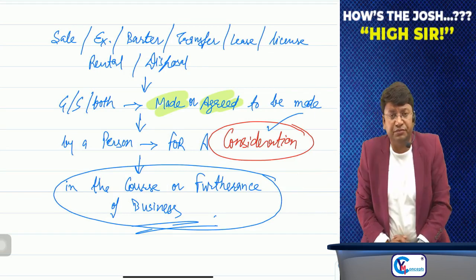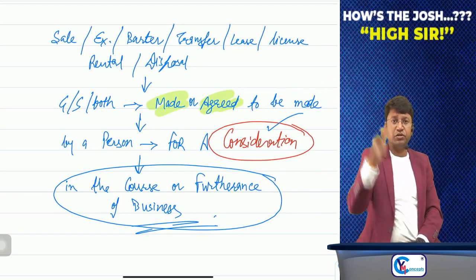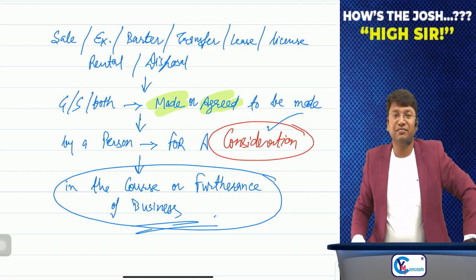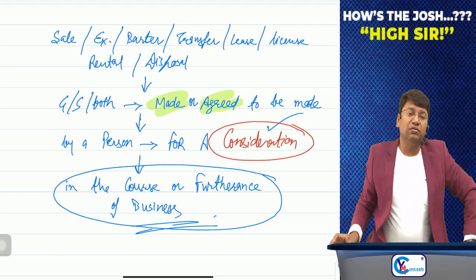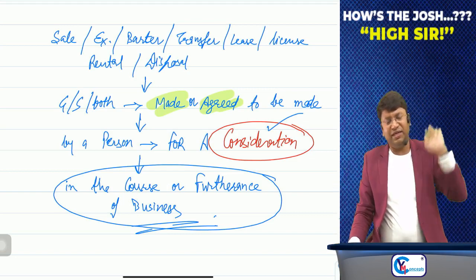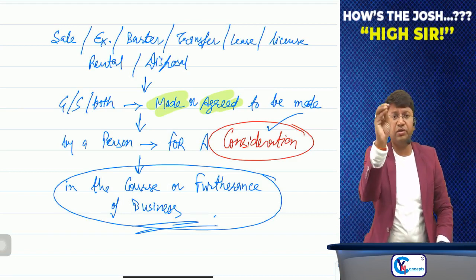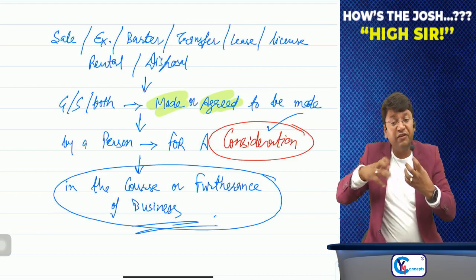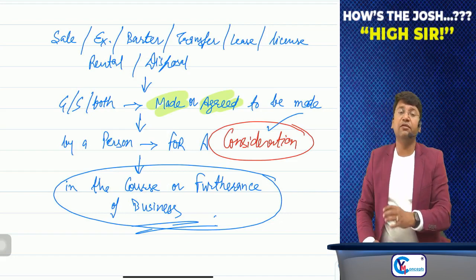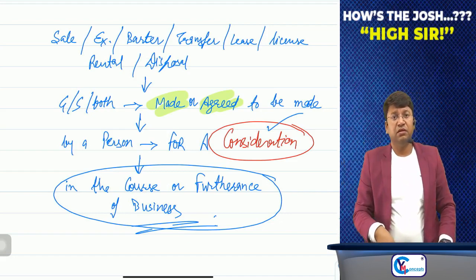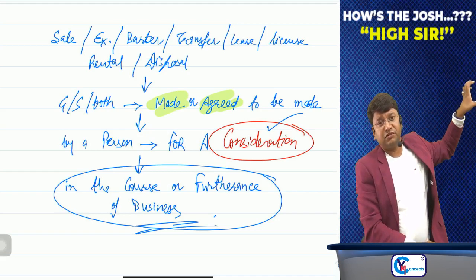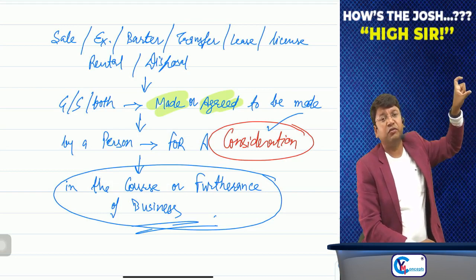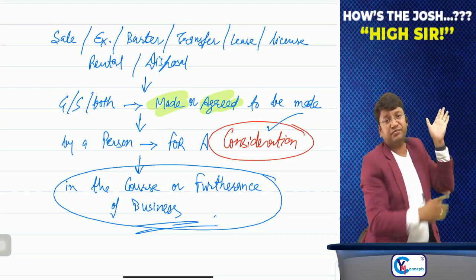Suppose some charitable institution. One circular is also there. One charitable institution is doing charity activity and you have donated rupees 10 lakh to that charitable institution or hospital or school or whatever it is. Voluntarily you have donated rupees 10 lakh, and just to show the gratitude, just to show their feelings of thanks to you, they have mentioned your name on a wall of temple that with thanks, with due regards, we received a sum of rupees 10 lakh from Mr. XYZ.